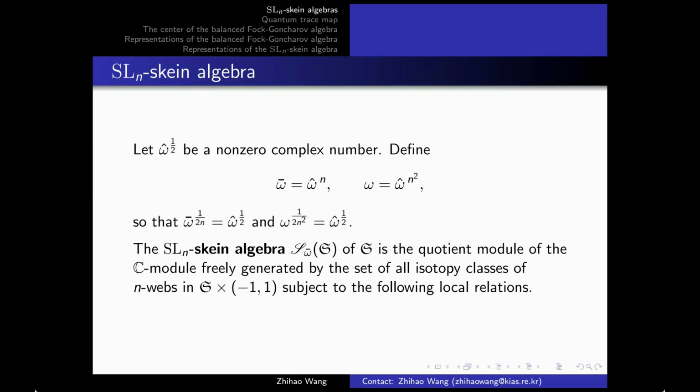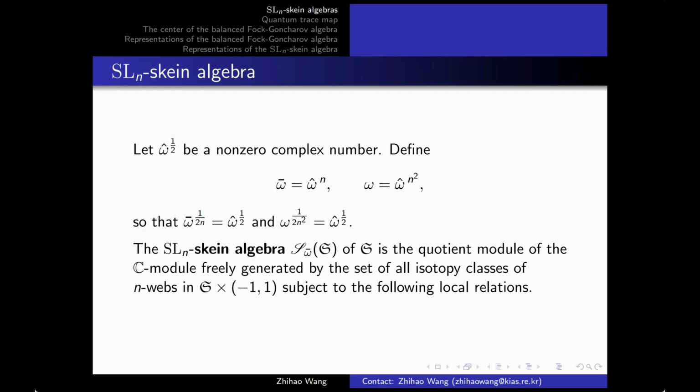So we use the isotopy classes of the n-webs as a basis to generate a C vector space, and then we put in some relations. They are local relations.